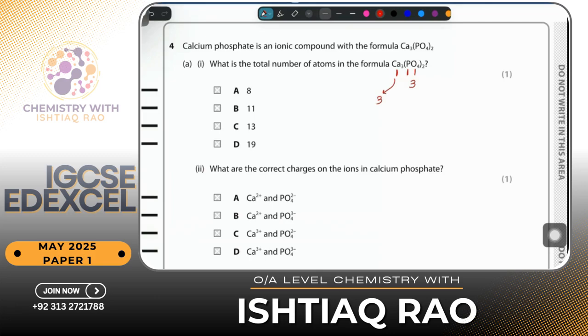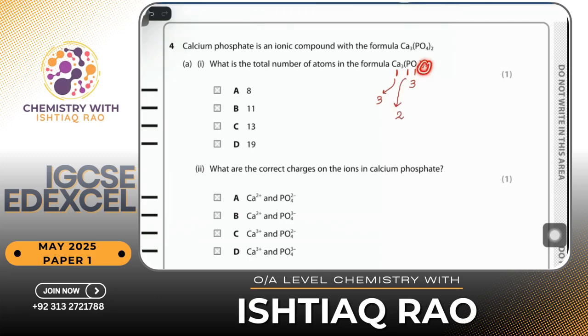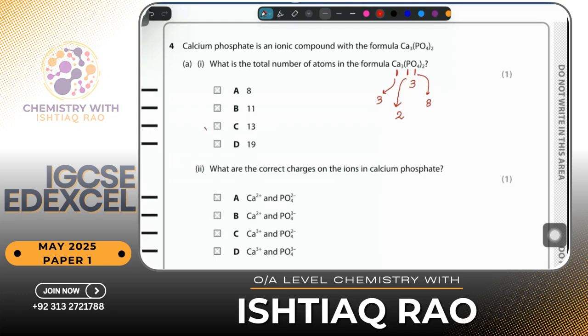How many phosphorus? Because of the bracket, there is a 2 applied on everything. So phosphorus is 2 and oxygen is 4, and 4 into 2 is 8. So oxygen is 8. Now I'm going to add them together. 8 plus 2 is 10. 10 plus 3 is 13. So the answer is going to be C. Are you getting my point?